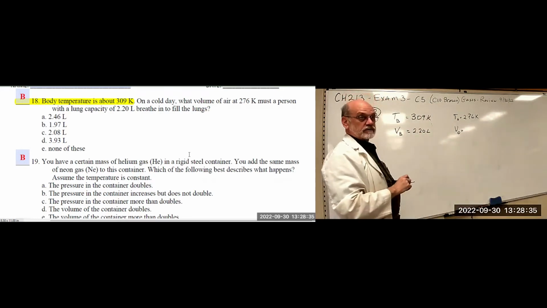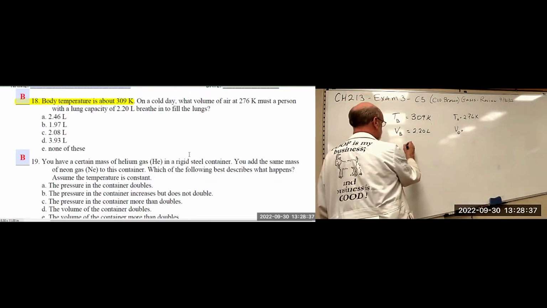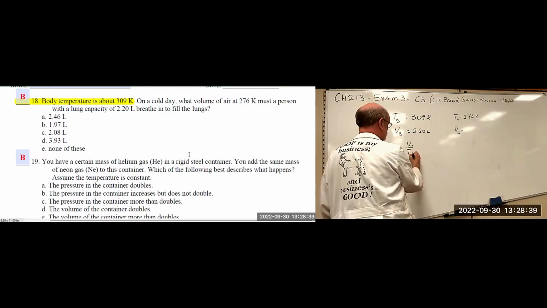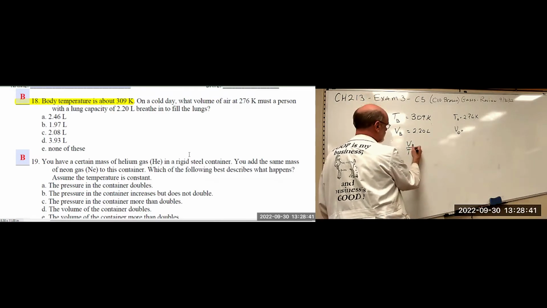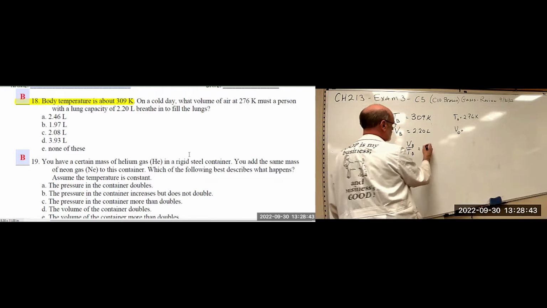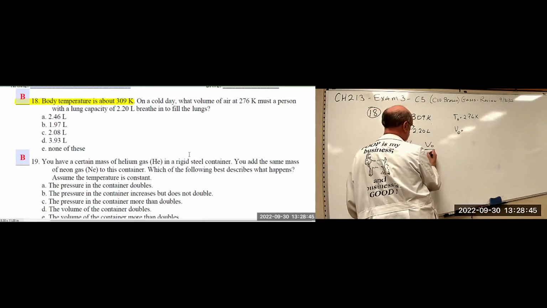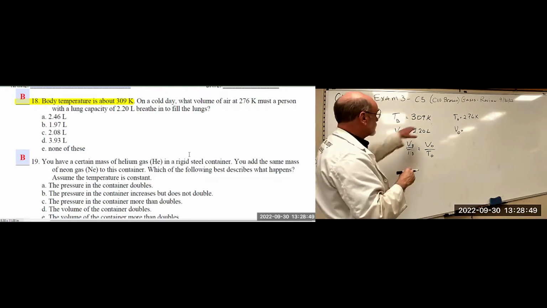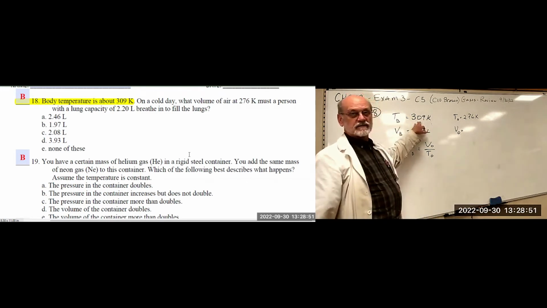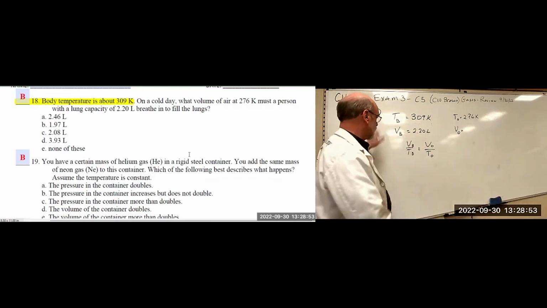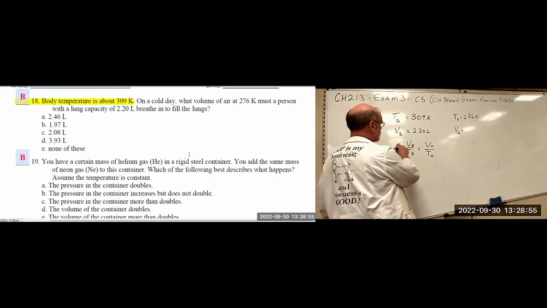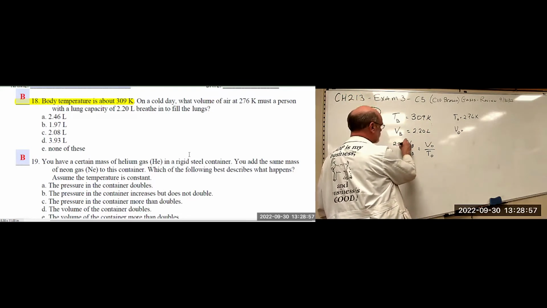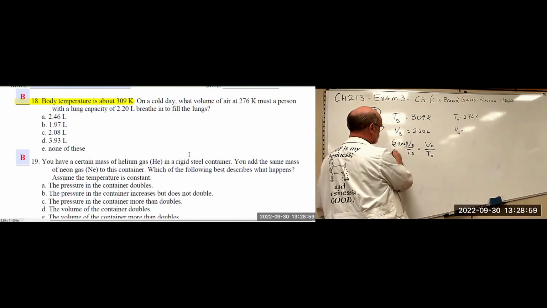That's Charles' law, right? Well, let's be consistent. That's B, that's B, B, O, and T, O. So the temperatures are already in K. That's good. We don't have to change them. So the volume in the body is 2.20 liters, and the temperature in the body is 309.